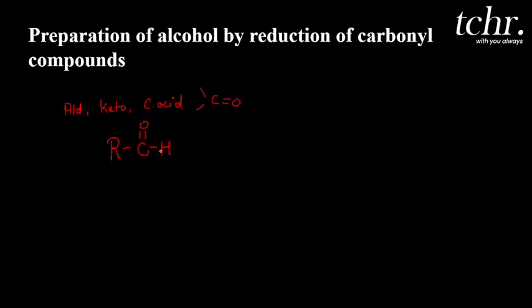So how to reduce this? Reduction is nothing but addition of hydrogen, right? Reduction is very simple. That is addition of hydrogen in the presence of finely divided metals like nickel or palladium or platinum. You can write any one, it is fine.